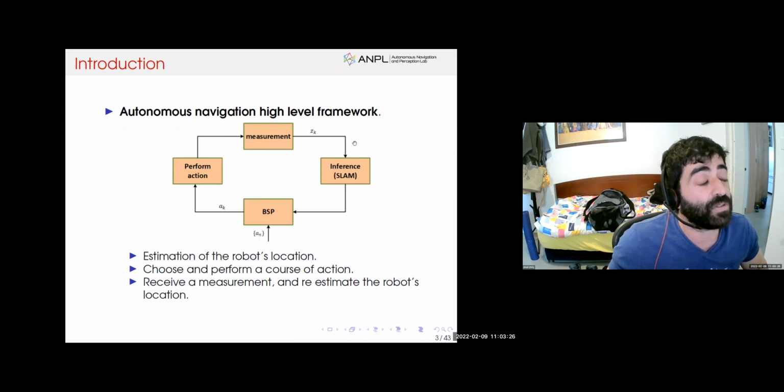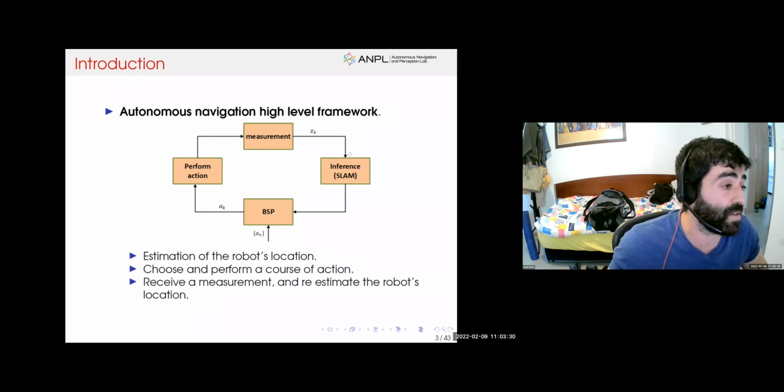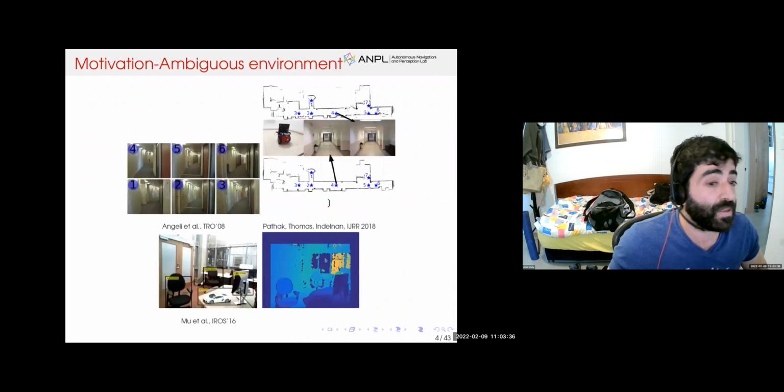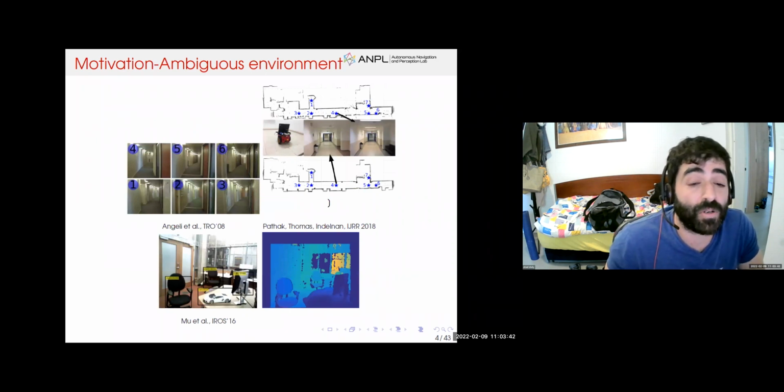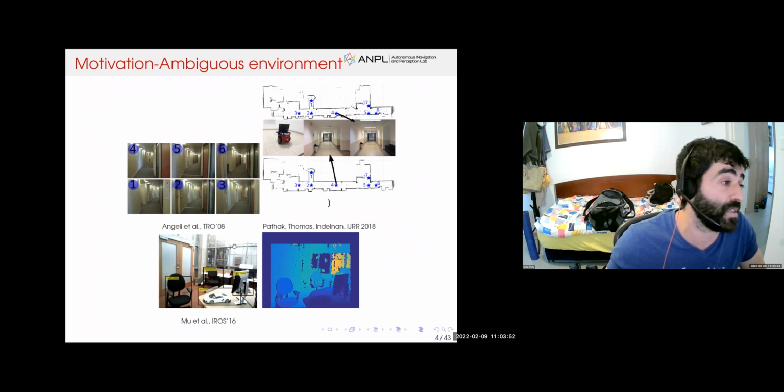After that, we do another estimation of our location and our surrounding in the inference phase, which is the SLAM. This work actually deals with an ambiguous setting where the retrieved measurement can be correlated to a number of landmarks in our surrounding. For instance, matching corridors, as we can see here on the upper left image, or similar chairs, tables, etc.